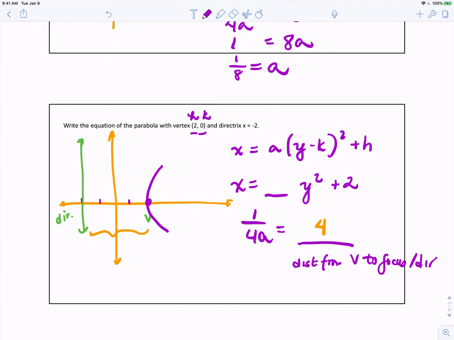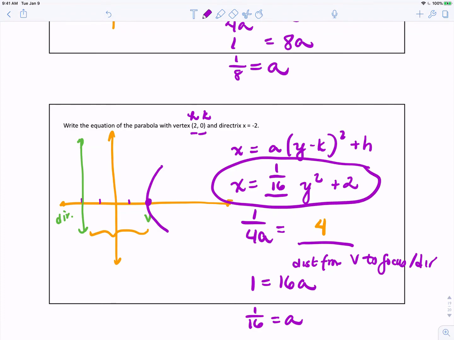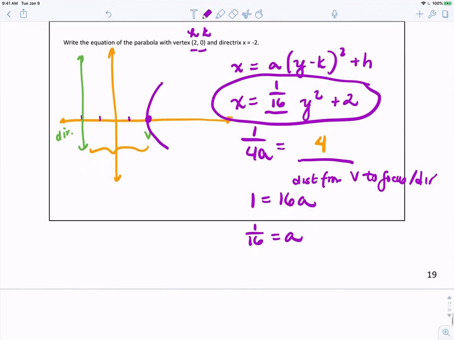Multiply both sides by 4a, we have 1 is equal to 16a. Divide both sides by 16, 1/16 is equal to a. And again, we saw before that a was going to be positive, and so the equation of this parabola that we described is x is equal to 1/16 y squared plus 2.